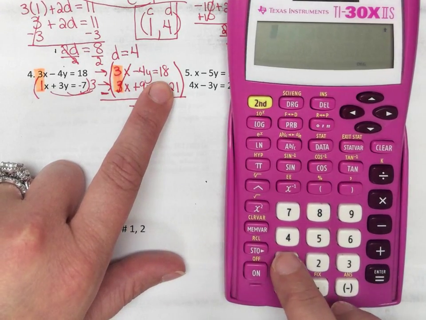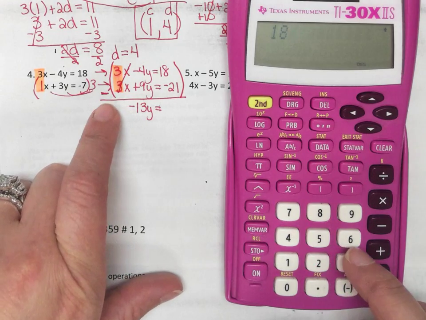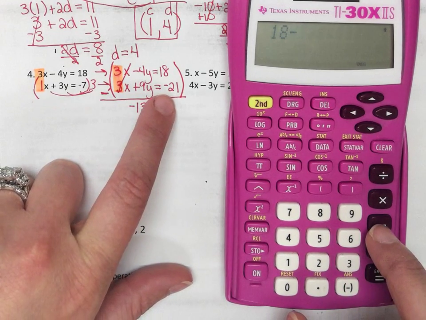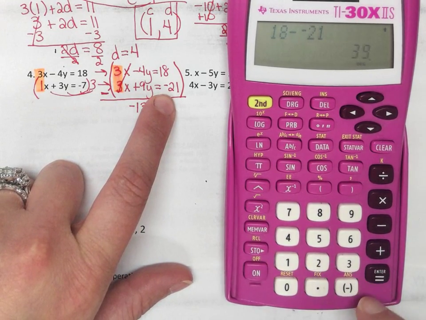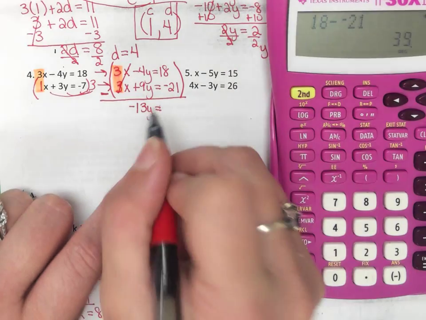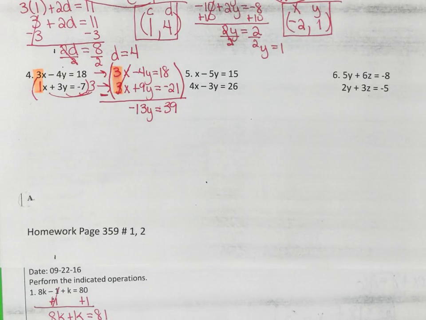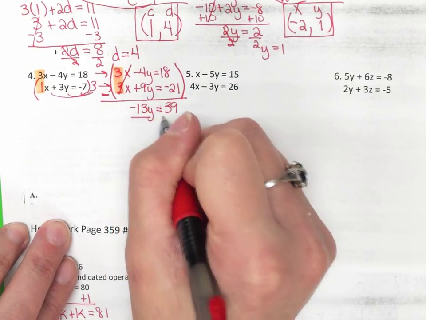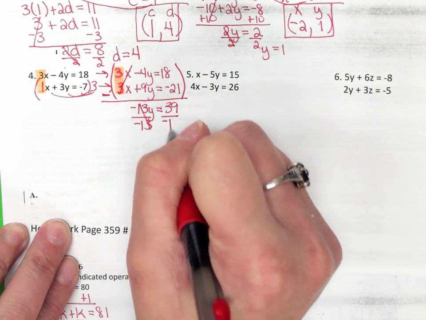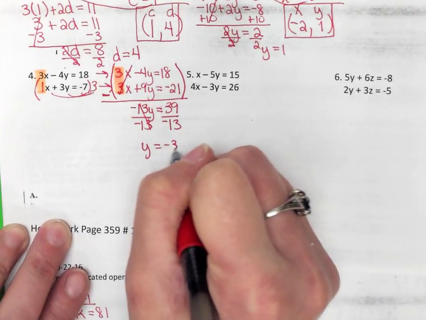Alright, same thing. 18 subtract negative 21. And that's positive 39. And then we'll divide by negative 13. So y is negative 3.